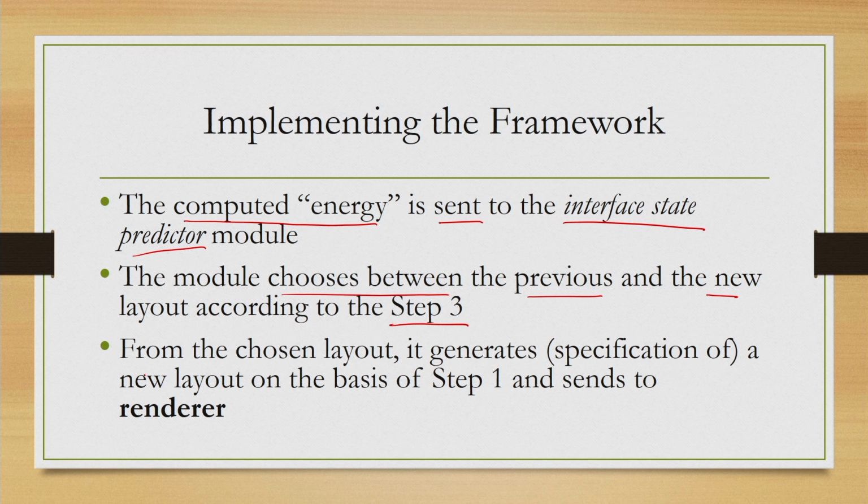Now, this module outputs the chosen layout between the previous and the newly computed layouts, and it generates a specification of the new layout and sends the specification to the renderer. So, we should be able to implement the interface state predictor module so that it can generate a layout specification indicating the key positions, distances, widths and so on, whatever is required.